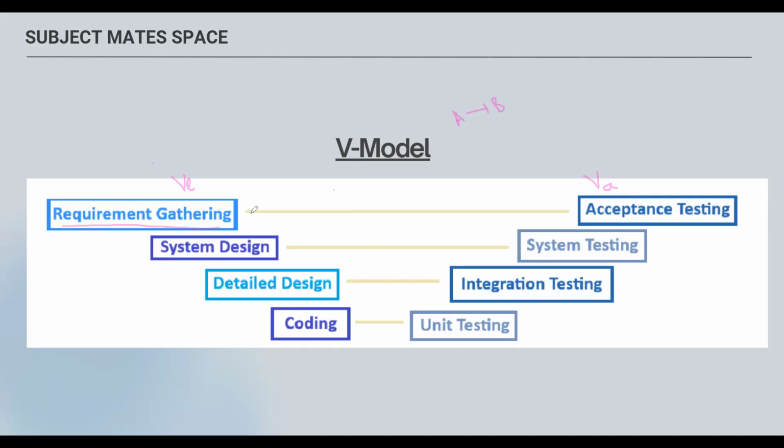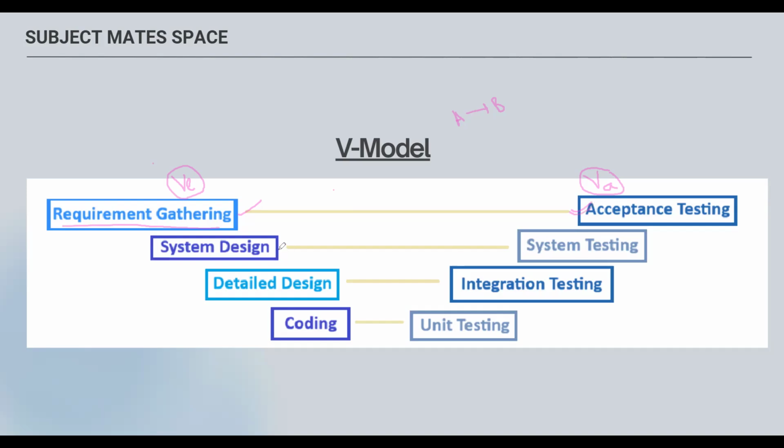Once verification is done for that phase, we are quickly validating. So once requirement gathering is done, we will start validating. After requirement gathering, we are going to do acceptance testing, where we get acceptance criteria. We'll go much deeper into that, but you just understand the model for now.